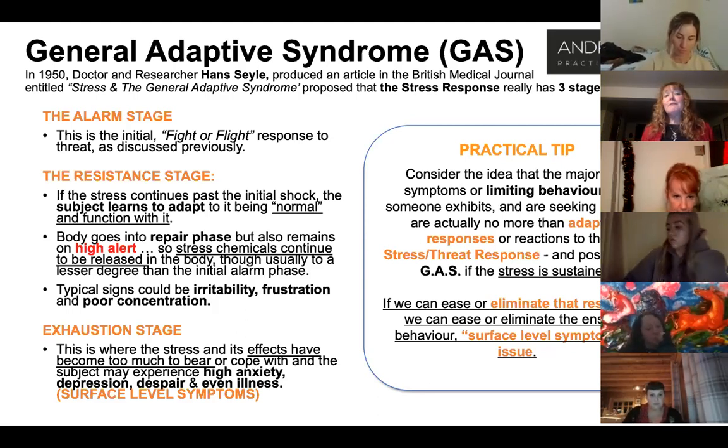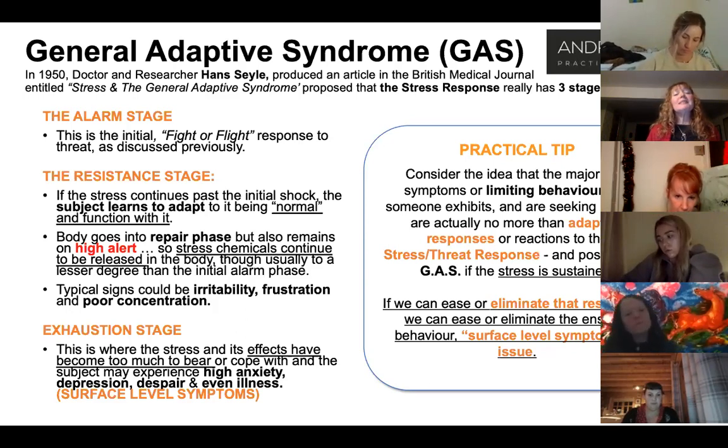They just know they have this symptom, or some limiting behavior that's stopping them doing things, stopping them being who they want to be. And it's actually a response to suffering from these adaptive responses. And that is initially a reaction to the stress response.